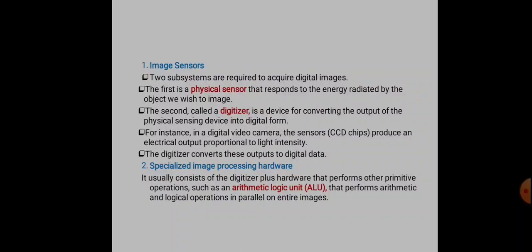These are the arithmetic logic units that perform arithmetic and logical operations in parallel on entire images. Logical operations means OR, AND, NOT, like that. Arithmetic means addition, subtraction, multiplication, division, like that. These are the operations performed on entire images.